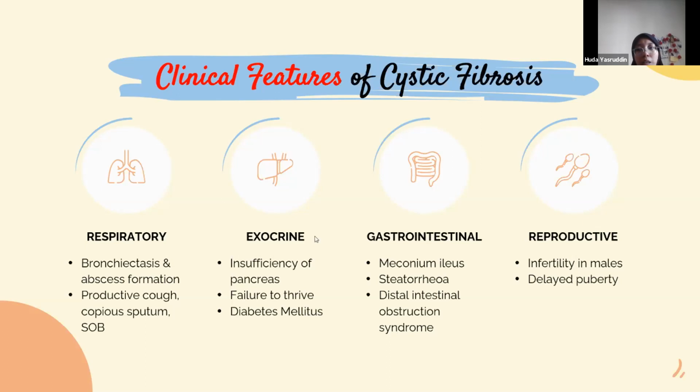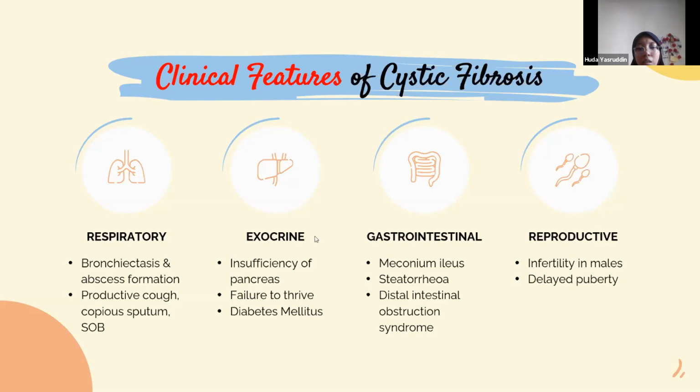Hence, there will be malabsorption of fat and protein, and it will lead to malnutrition of the patient, and consequently it can lead to failure to thrive. And also because there is insufficiency of enzymes in the pancreas, the patient may develop diabetes mellitus. However, this DM develops later in life.